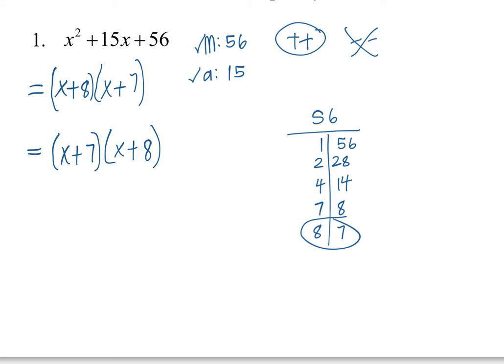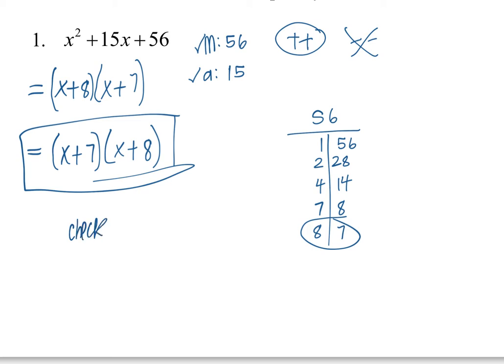Now, the really interesting thing about this is that these both are the answer. You can check your answer by distributing these. We're pulling these back out, and it should give you what you began with.